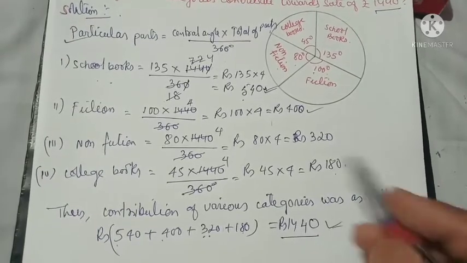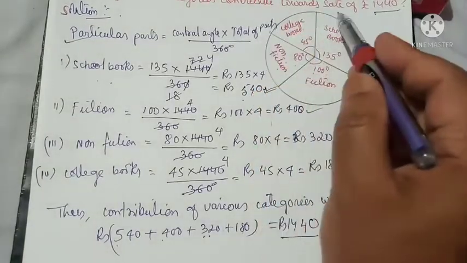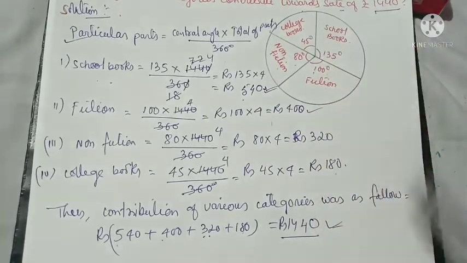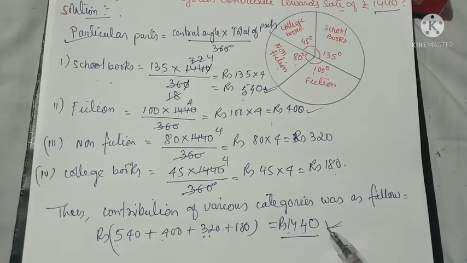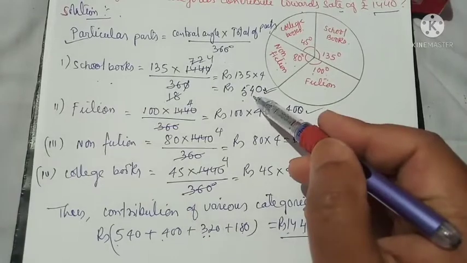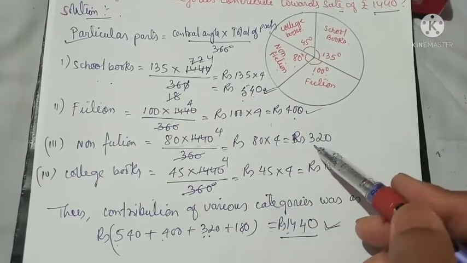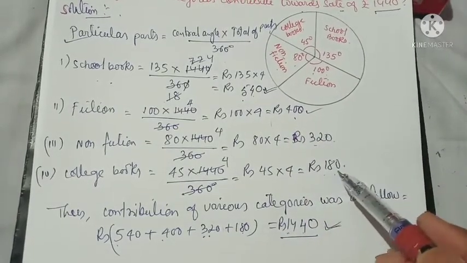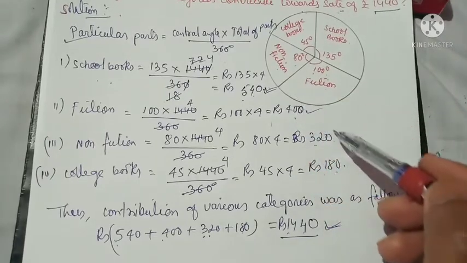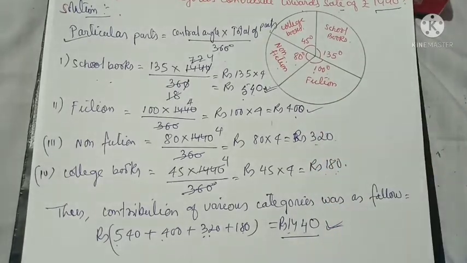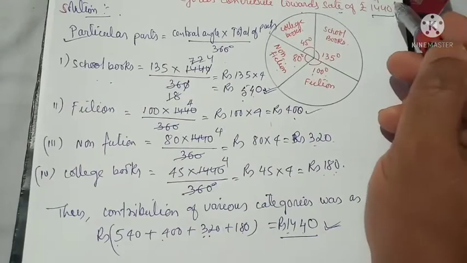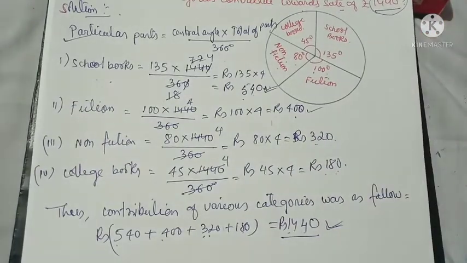So the contribution towards a sale of rupees 1440 is rupees 540, rupees 400, rupees 320 and rupees 180. These are all the particular parts of the sales of rupees 1440. So these are the two examples.